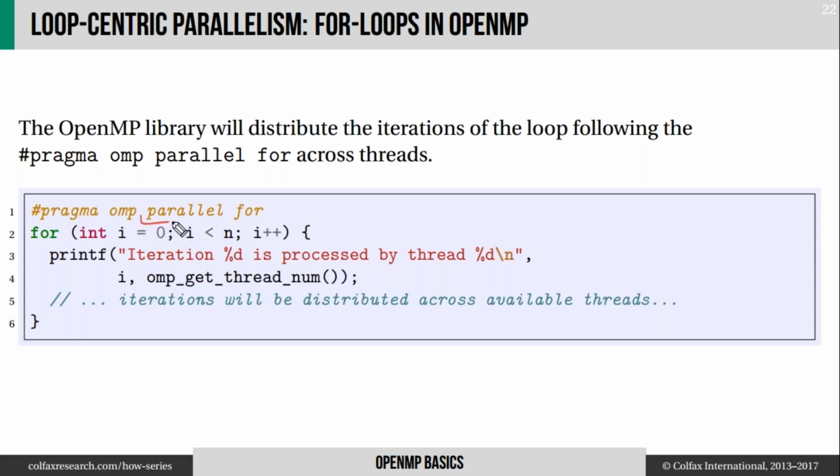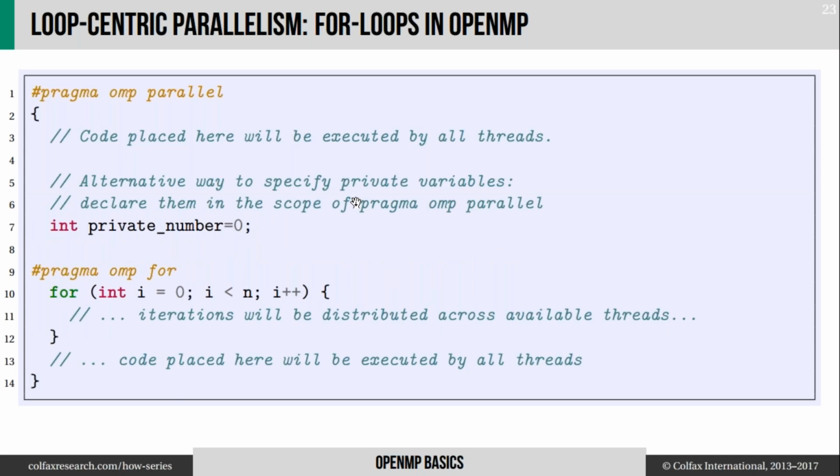Pragma OMP parallel for is actually a combination pragma. It combines Pragma OMP parallel with Pragma OMP for, and they can be issued independently. In this example, I start a parallel region, so now everything inside the scope of this pragma is executed by every thread. I can use this region of the code, for example, to declare and initialize thread private variables.